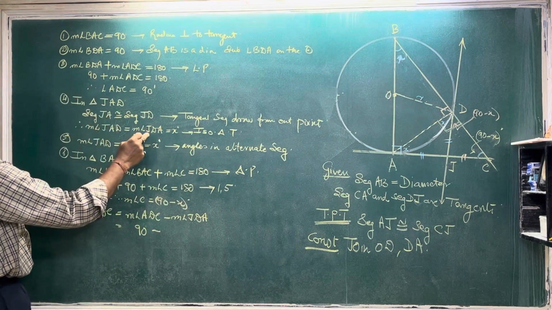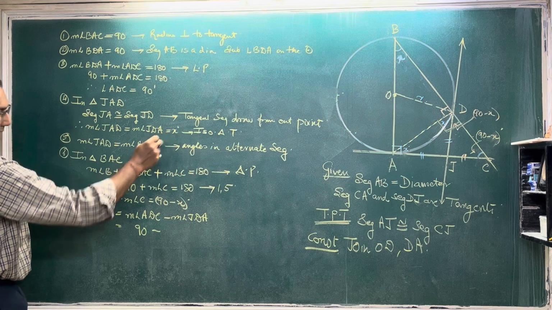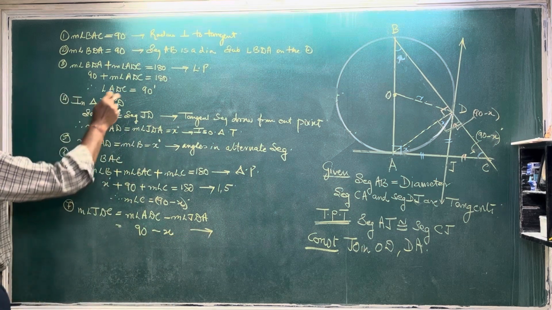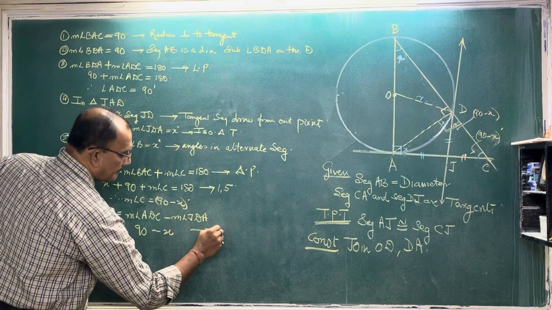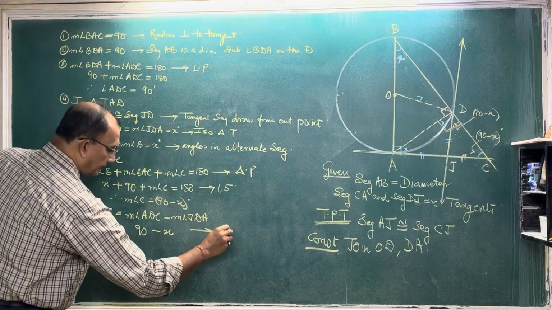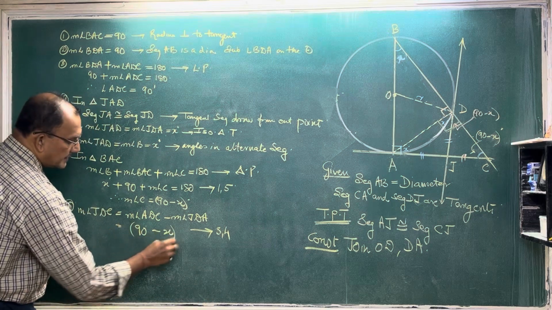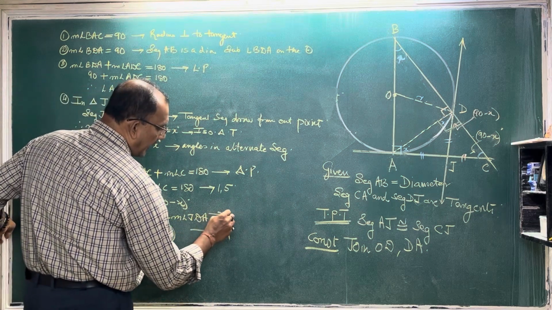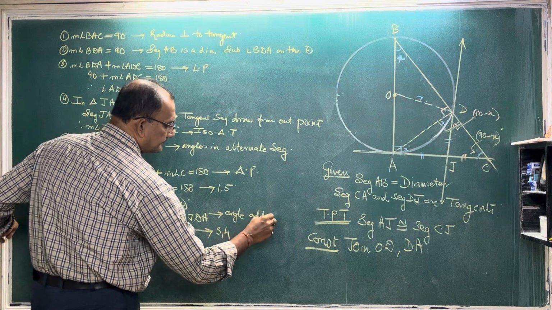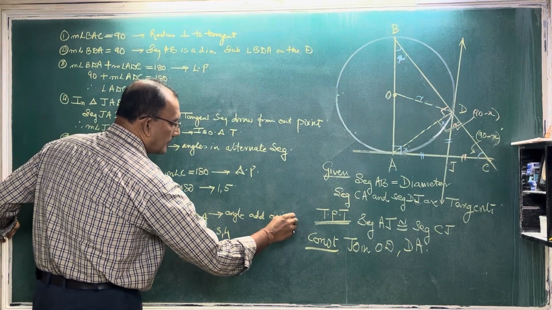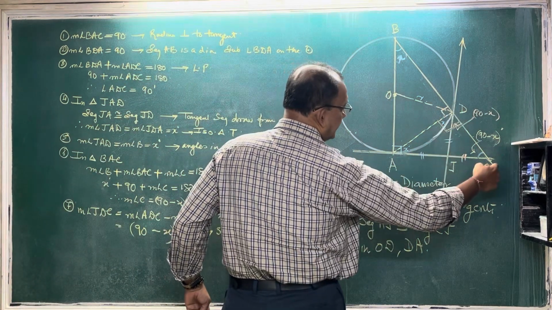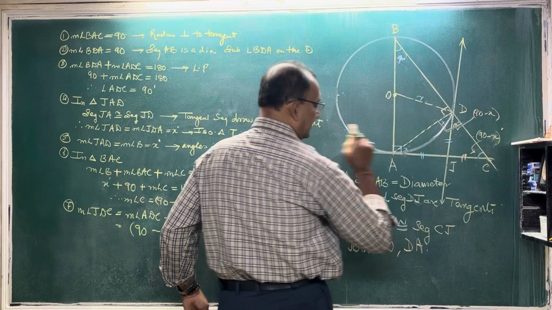JDA, isosceles triangle, it was what? X. This I got from statement number 3 and statement number 4. This is nothing but the angle addition axiom. To find this small angle from the larger angle ADC, I have subtracted JDA.